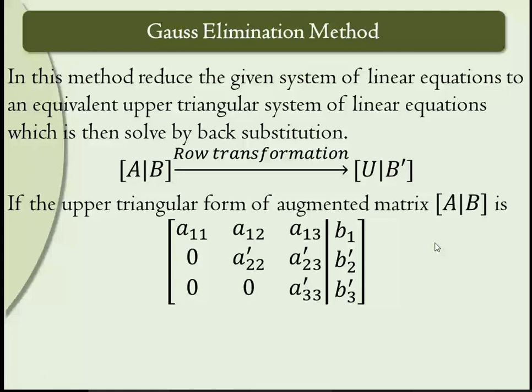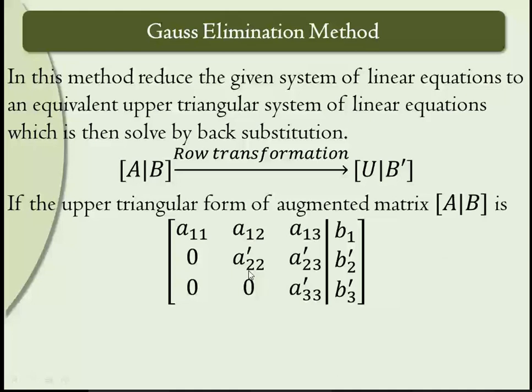First we convert the system into matrix form, use different row transformations to convert it into upper triangular form, and then from this matrix write down the equations again and solve them easily, which gives us the unknown terms.